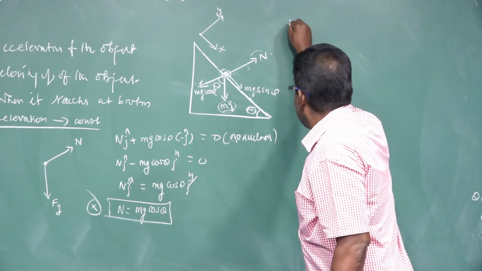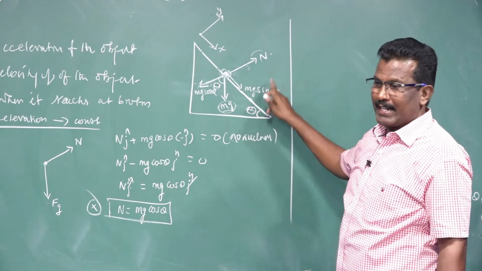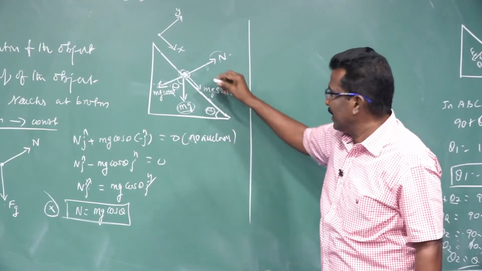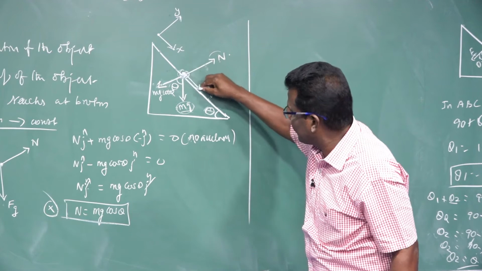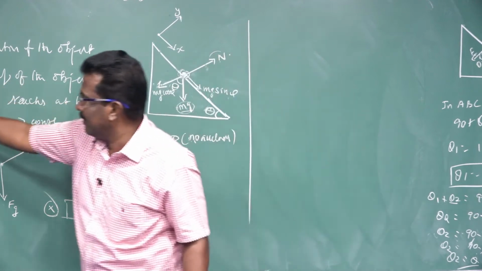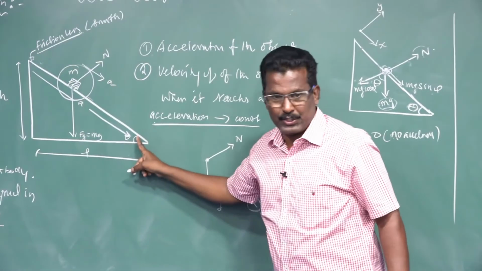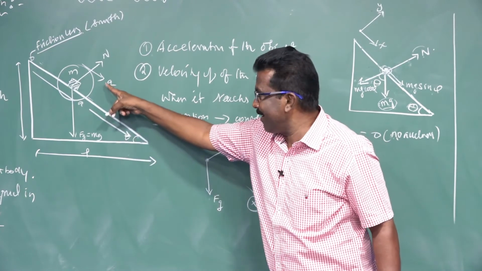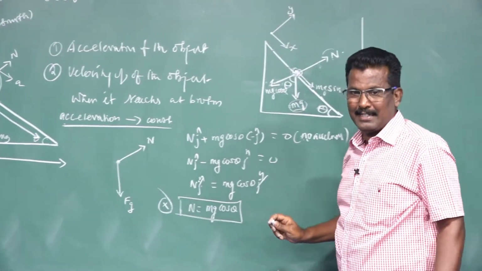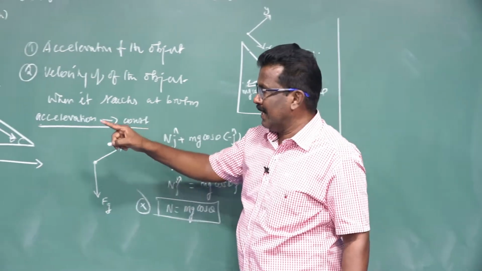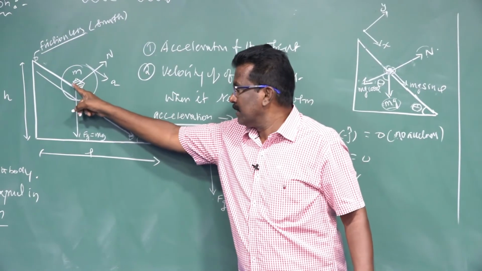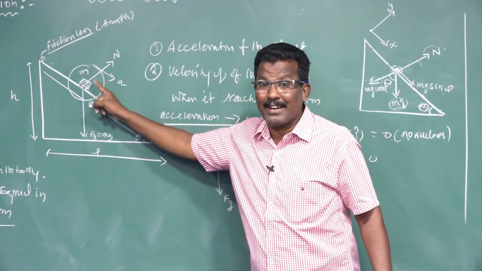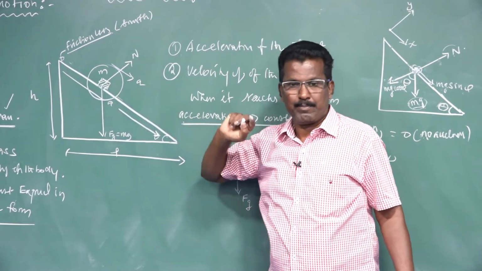Now the body moves downward, so mg sin theta acts. The body accelerates from this point to this point, only along the x-axis. Remember once again, the surface is a frictionless, smooth surface.